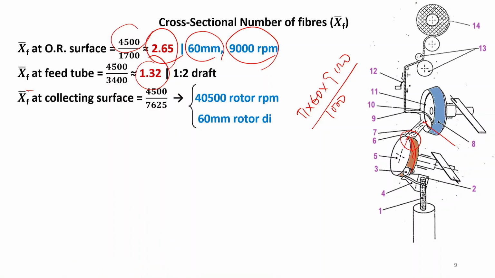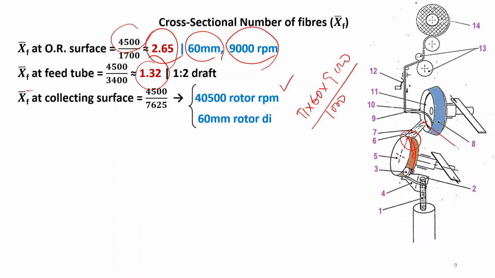And the collecting surface, that is the rotor groove, where the rotor diameter is 60 millimeter and the rotor speed is 40,500 rpm.